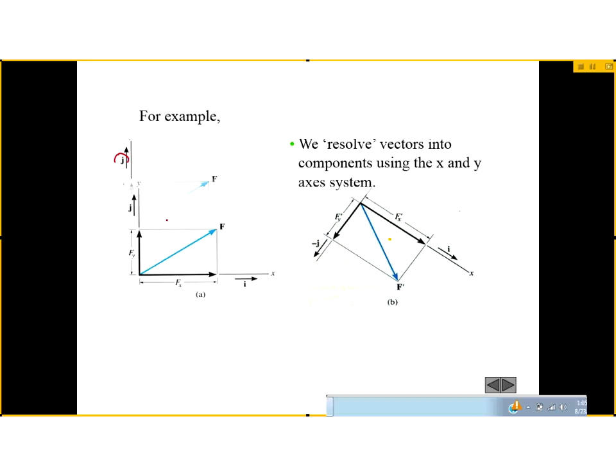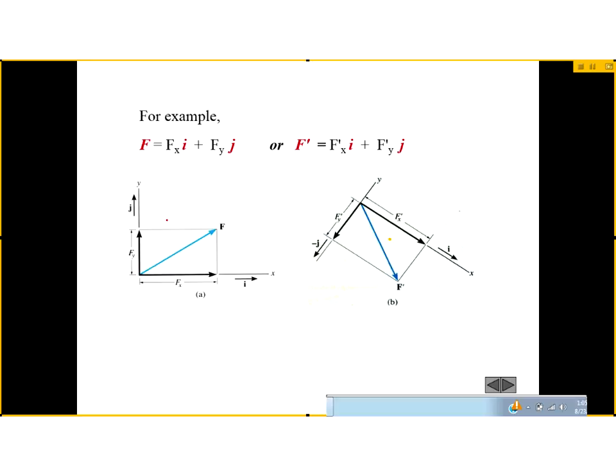So, for example, if you have this vector F, you can write it as Fx i plus Fy j. This is probably not new to you, right? Because you're either in or have taken 20C, right? So what I'm saying is sort of like review, and not really terribly exciting yet.